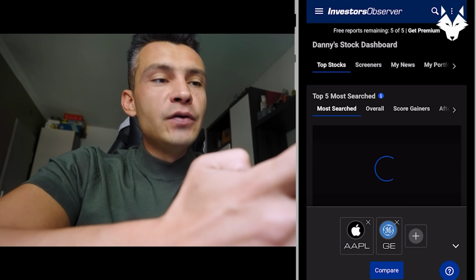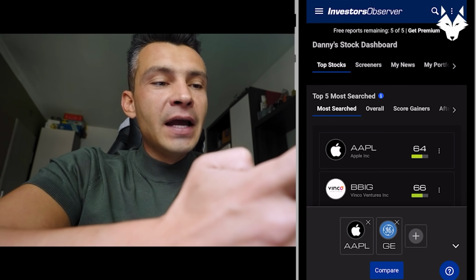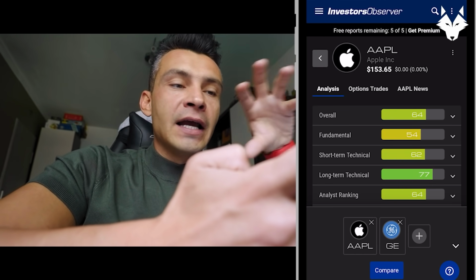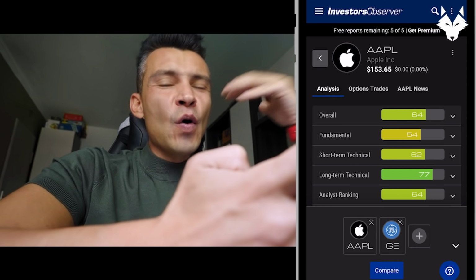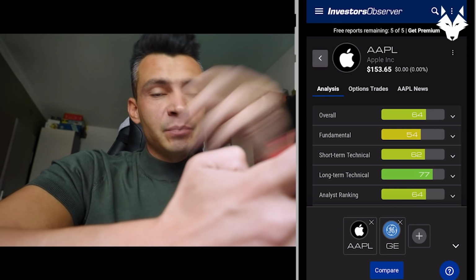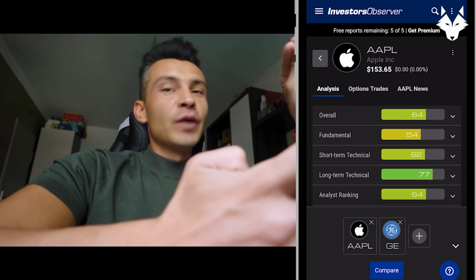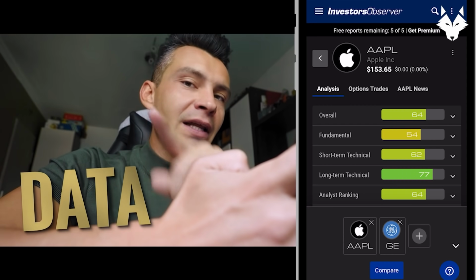For example, you can look at the top searched stocks, and in the case of Apple, you can see what kind of score there is. This is based on so much data, and I really like that, because in the end of the day, what is really important is not the subjective opinion about stocks, but the data behind it. You can discuss opinions away, but you cannot discuss data away.